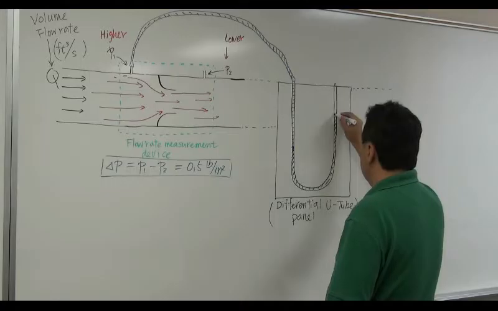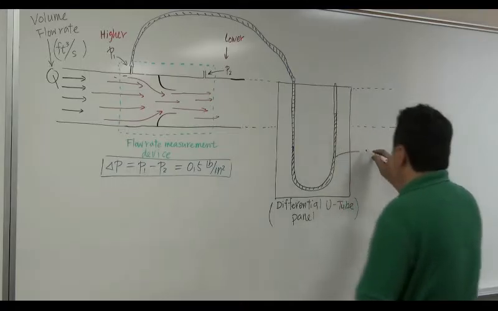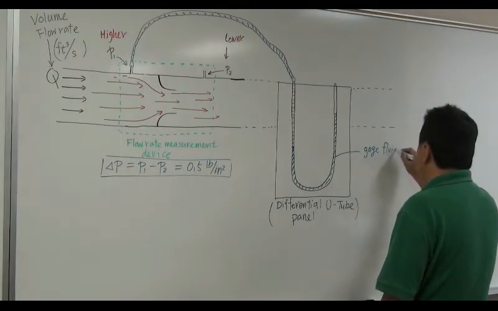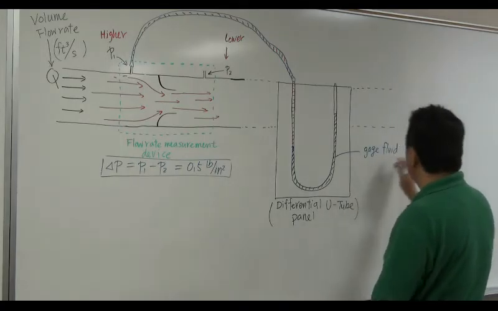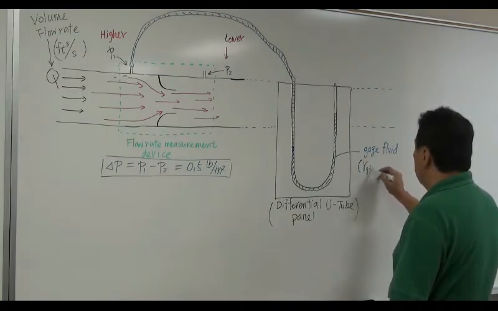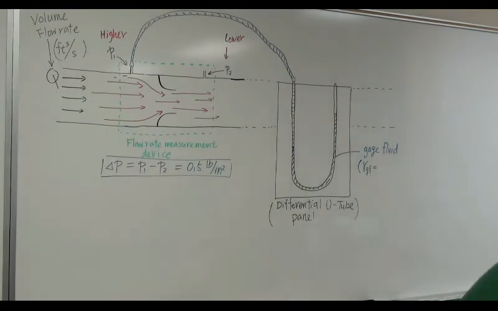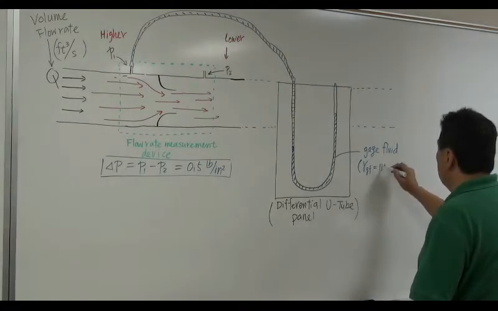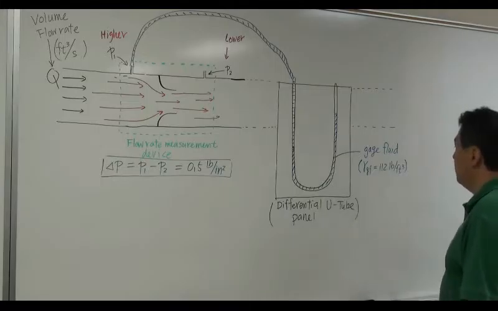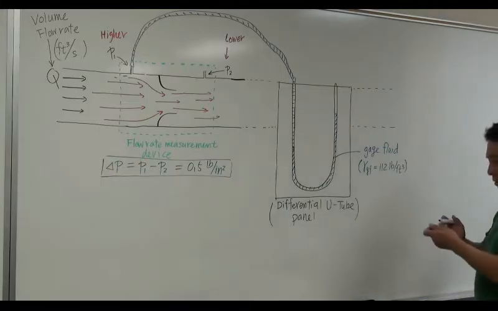Now the program says this gauge fluid comes with a specific weight given, which is 112 pounds per cubic foot. So this is the gauge fluid specific weight.